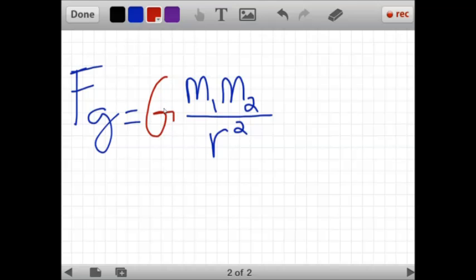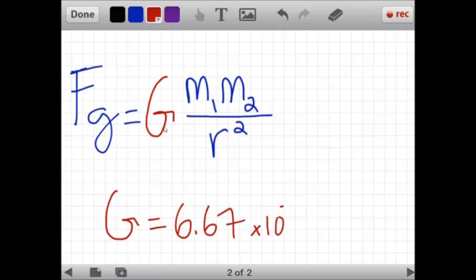That's lowercase g. Capital G stands for another number, but it looks a little bit more complicated than just 9.8 meters per second squared. Here's what capital G equals: 6.67 times 10 to the negative 11. We'll leave the units off of it for now just to make the math easier.